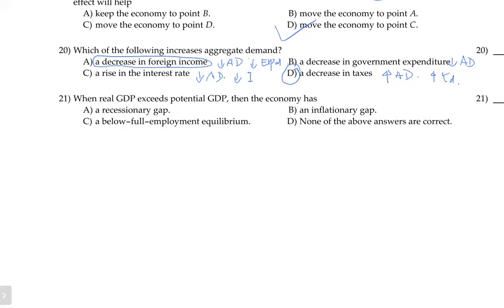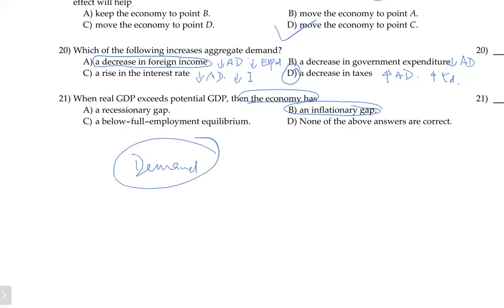Right? So 21. When real GDP exceeds potential GDP, so real GDP is more than the potential GDP, typically we are in an inflationary gap. Okay, and in the class, we say we usually focus on demand shock.